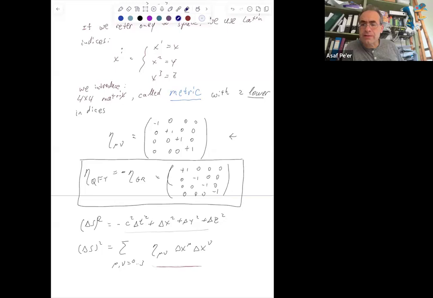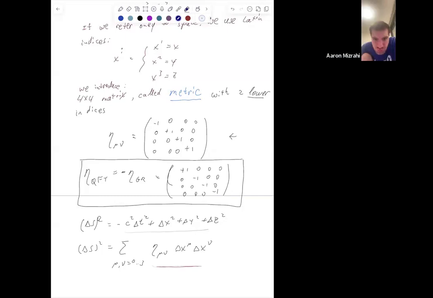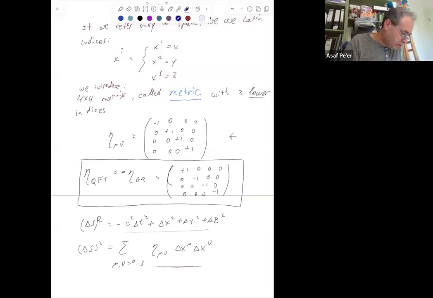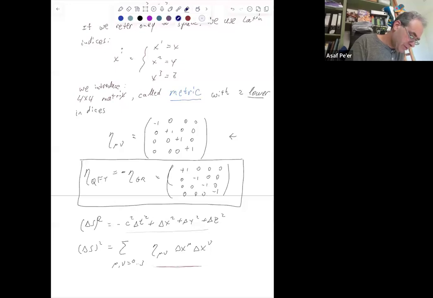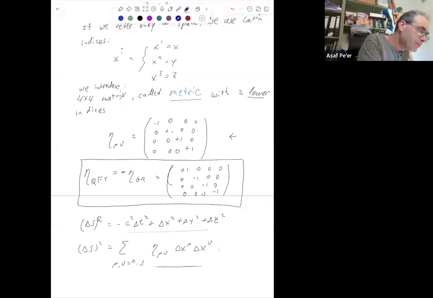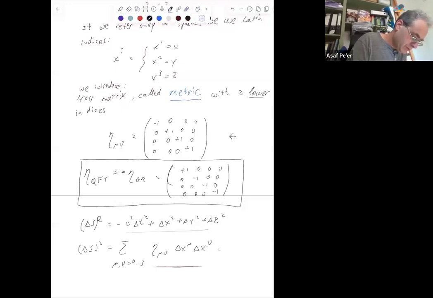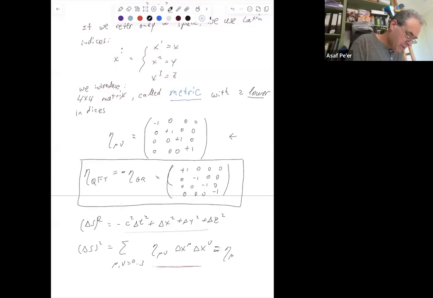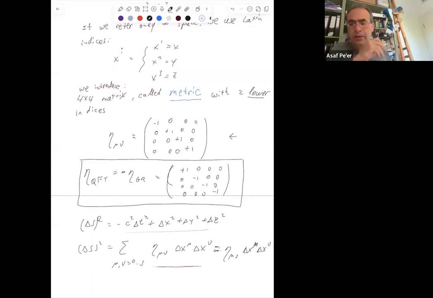Yes. Okay, good. In that case, we're not going to need the summation, so I'm just going to write it without the summation. So this is equal to eta mu nu delta x mu delta x nu.